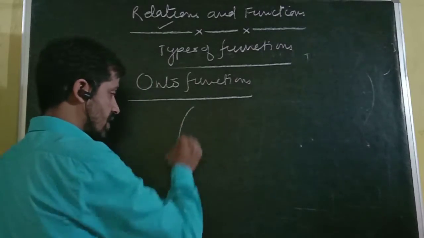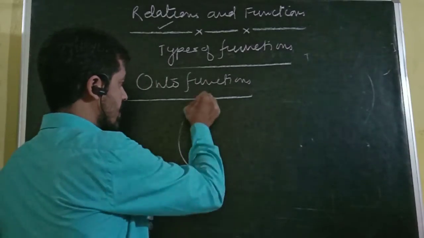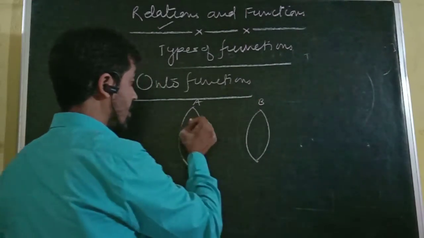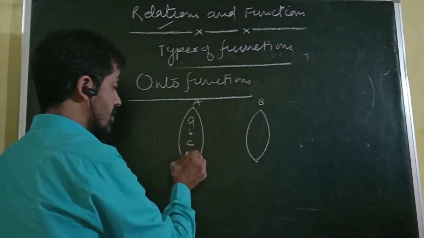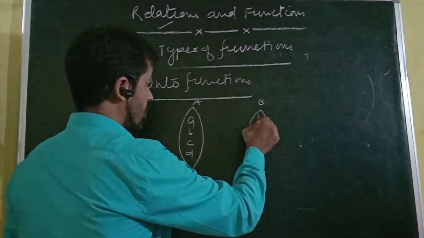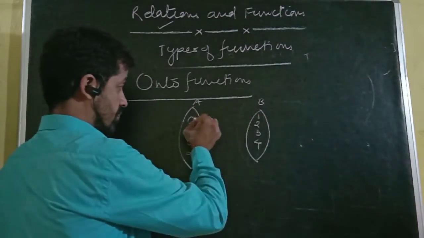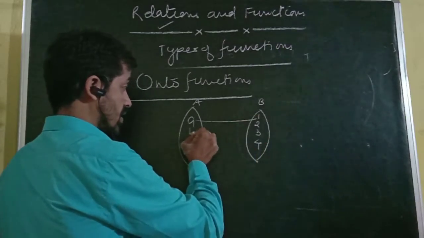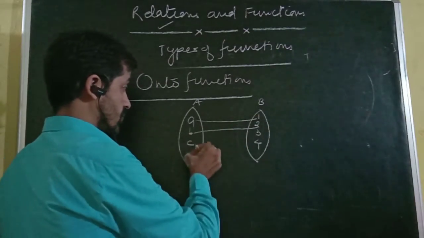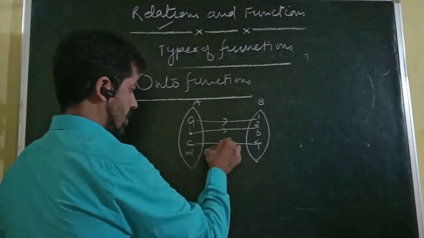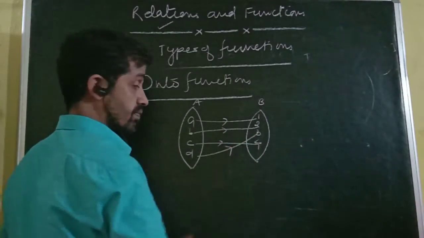This you can understand by this diagram: set A, set B, A, B, C, D, 1, 2, 3, 4. A is related to 1, B is related to 2, C is related to 4 and D is related to 3.